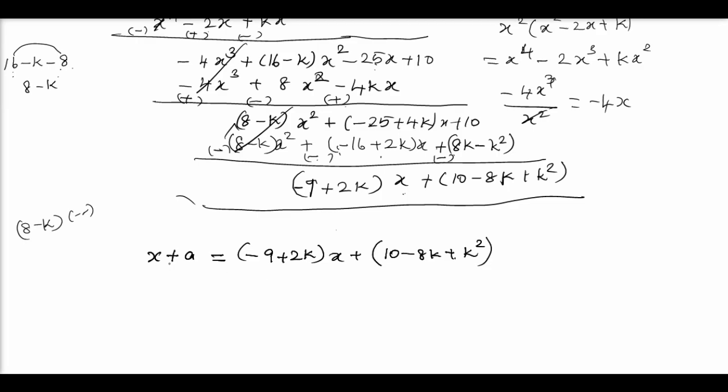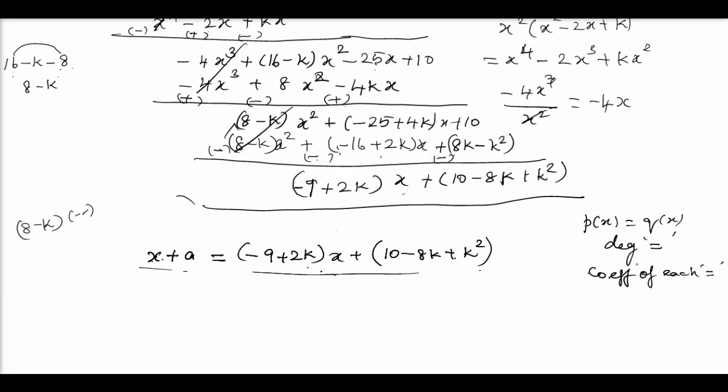Now what we are going to do is, see, this is a polynomial and this is also a polynomial. Both are linear polynomials, that is their degree equals 1. When will you say that two polynomials are equal, that is p of x equal q of x? The first thing is their degree should be equal. And then the coefficient of each term should be equal. So using that, see here the degree is equal, okay.